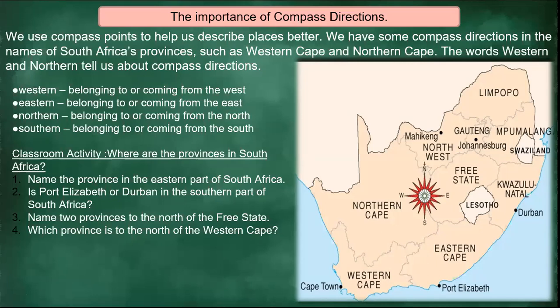The answer is Northern Cape, and the question is, why is Lesotho white? Come again. Lesotho is part of South Africa, so why is it white, not peach, like the other provinces?